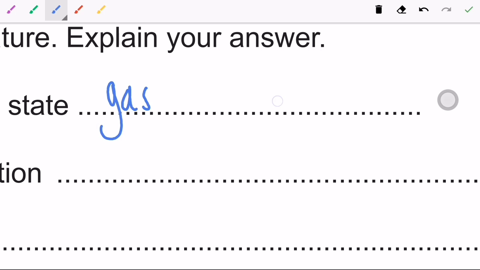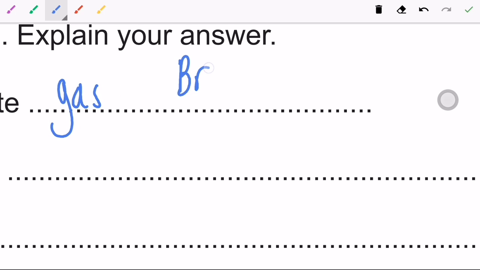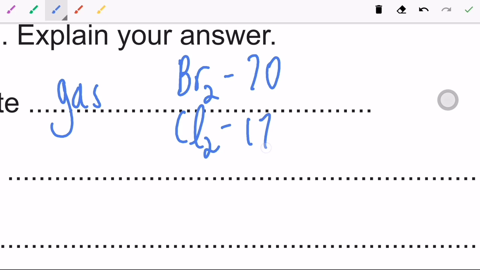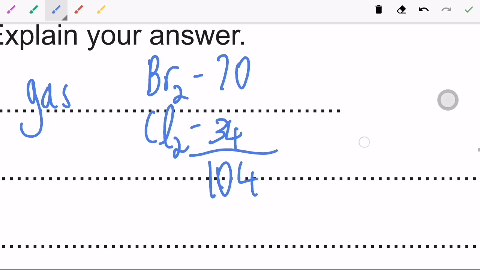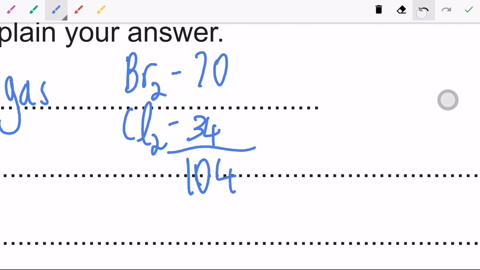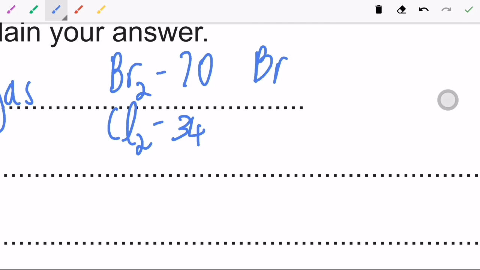And why is that? In a Br2 molecule, there are 70 electrons, 35 from the first Br and 35 from the second one. In Cl2, there are 34, 17 from each.